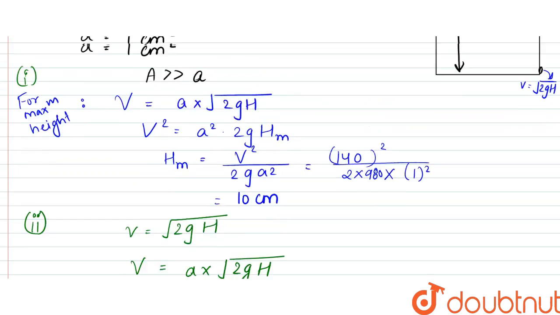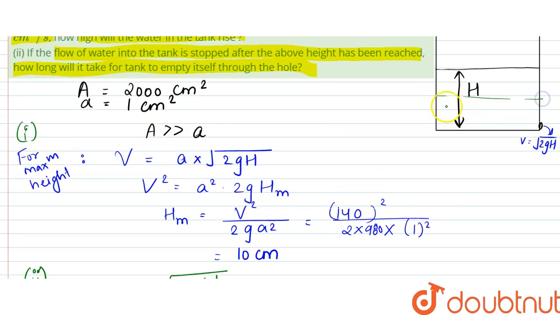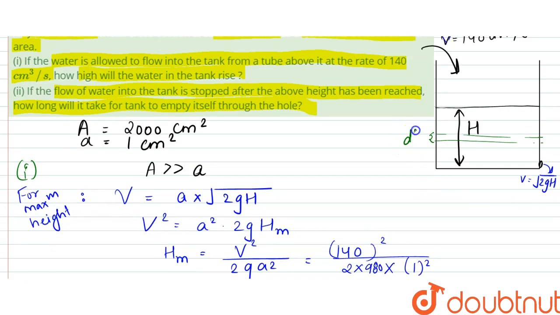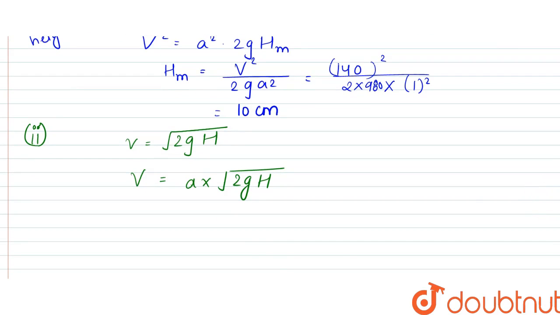After a certain time, it would reach here, let's say. So let's say this is dh and this is at height h. What we could say is that dV would be equal to a into root 2gh into dt.